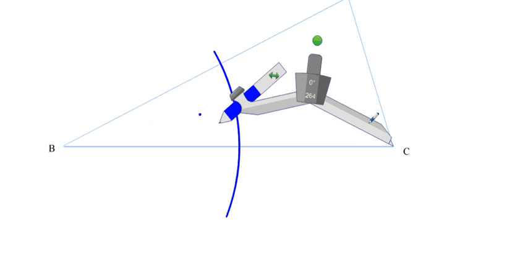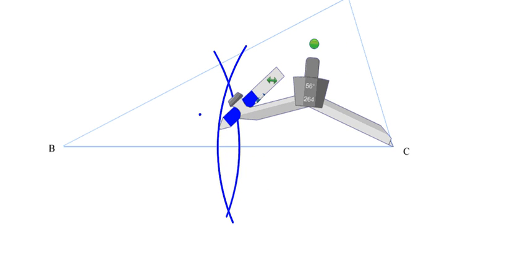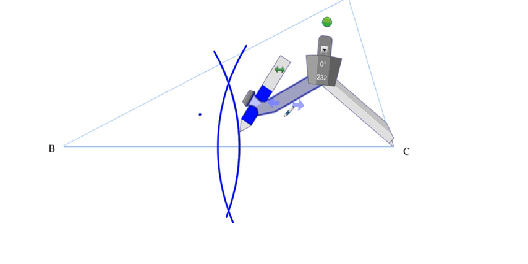But again, I'm going to make sure that I'm precise, that I don't change the compass setting in any way, shape, or form, that the point of my compass goes precisely on point C, so that each and every one of my perpendicular bisectors will be constructed with as much precision as humanly possible.